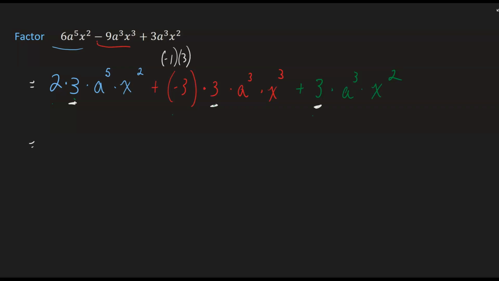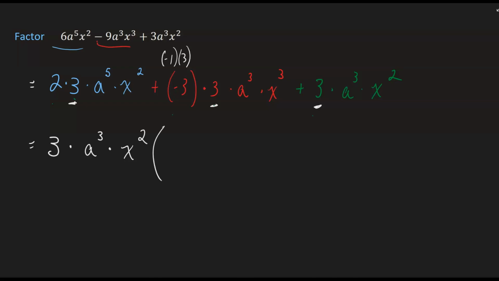So 3 is going to be part of the greatest common factor. Now a to the 5, a cubed, and a cubed. The greatest power that is common is a cubed. And then x squared, x cubed, and x squared, the greatest common is x squared.